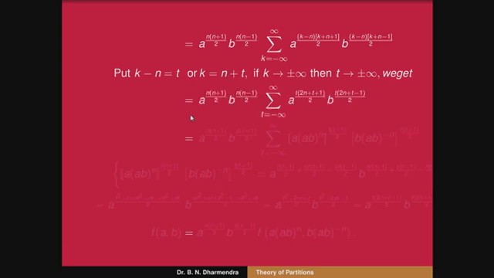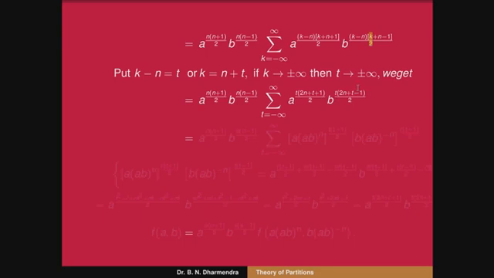So therefore that is equal to a to the power of n into (n plus 1)/2, into b to the power of n into (n minus 1)/2, into the summation t varies from minus infinity to plus infinity, a to the power of, here we observe k minus n is t, and k can be written as n plus t, already n is there, that is (2n plus t plus 1)/2, into b to the power of, here also k minus n is t and k is n plus t, already n is there, that is (2n plus t minus 1)/2.